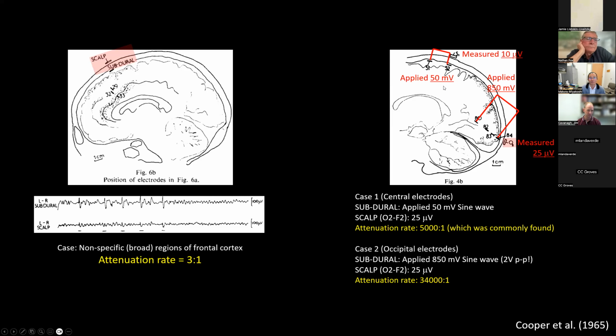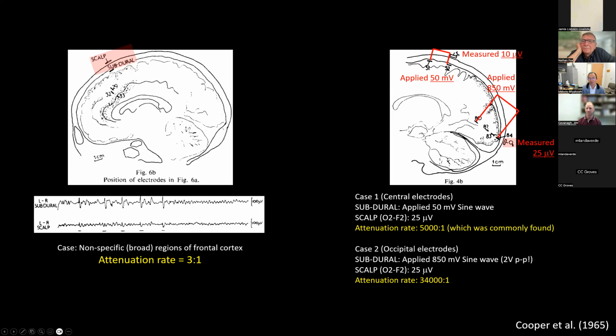They applied 50 millivolts between these two electrodes. This is a human head, by the way. And this is the EEG recording. When they applied 50 millivolts here, they measured a 10 microvolt difference here. Why is this effect so small, right?